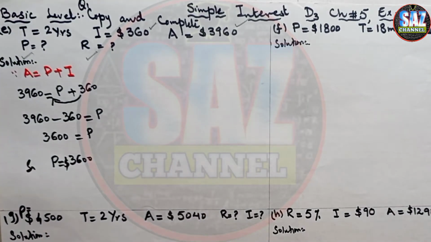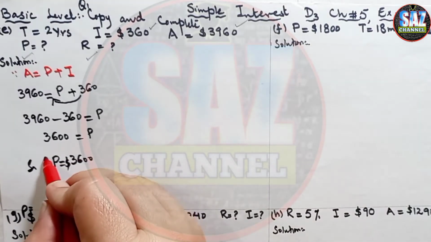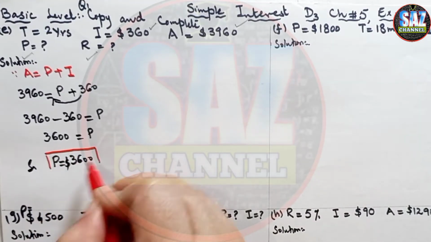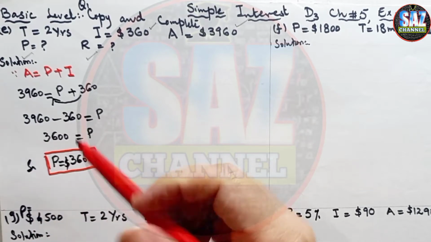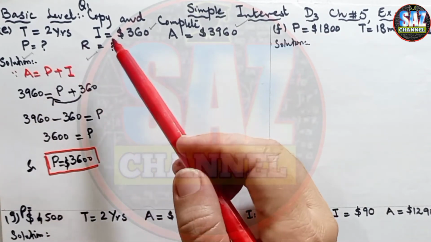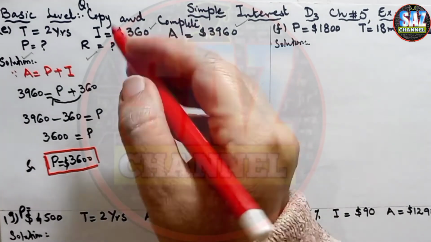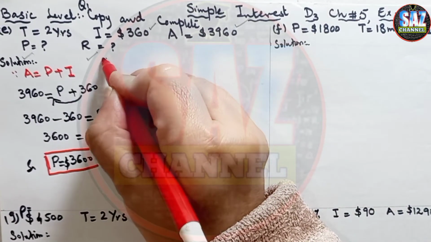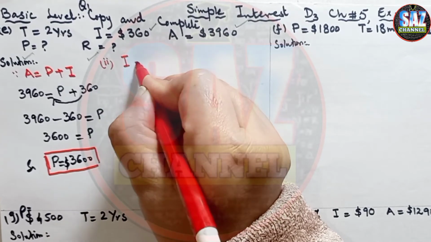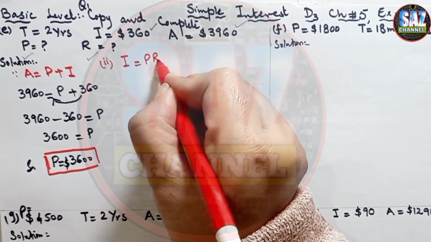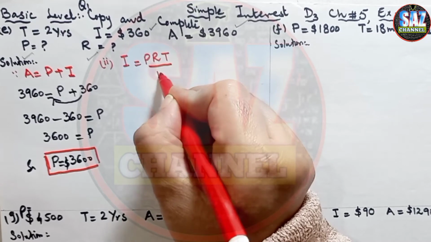And now coming to the second unknown of the question, and that is R, the interest rate. What we have to do now, we have the principal with us, we have the time with us, and we have the amount of interest with us. So for the second unknown, I have to use the formula I equals PRT upon 100.